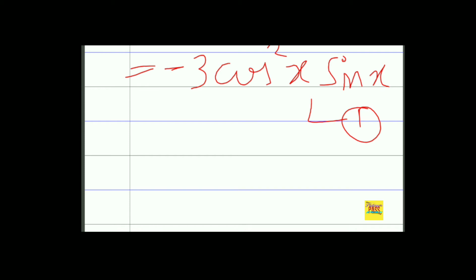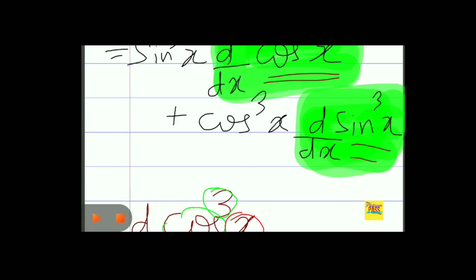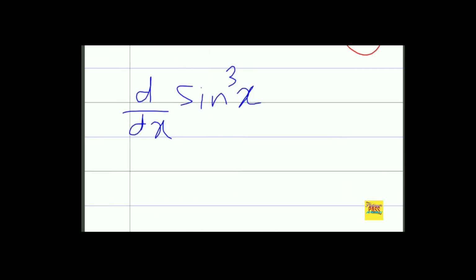Now we will differentiate the second one, that is sin cube x. Let's do sin cube x separately. What is the differentiation of sin cube x? Here also we get a cube and a sine function.